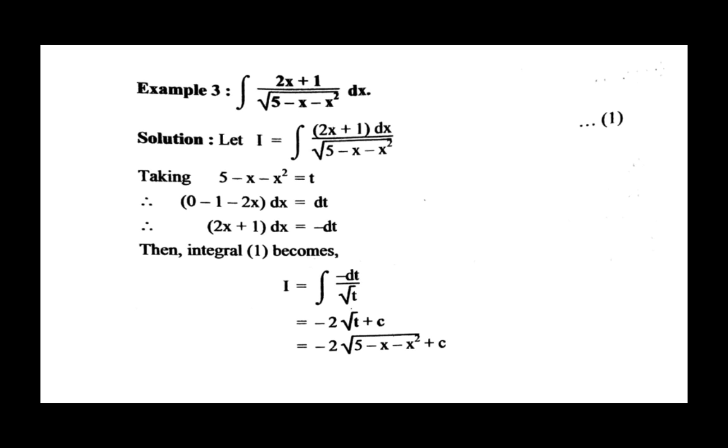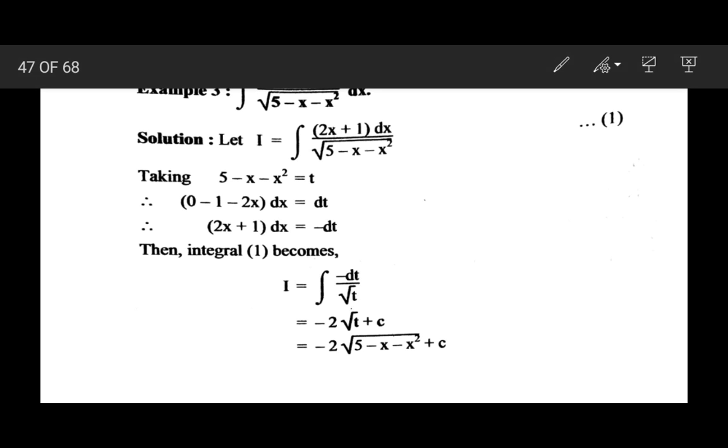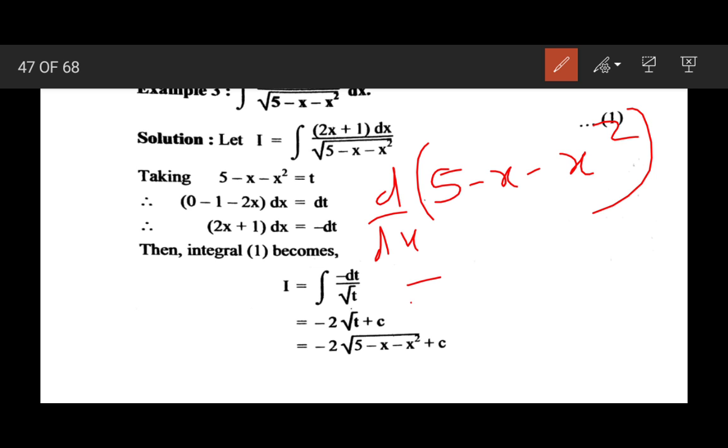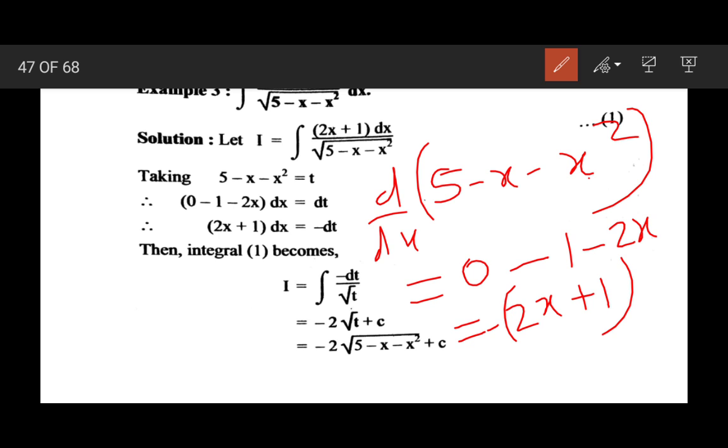But as you can see, when we find the derivative of denominator, okay, this 5 minus x square. So when we find the derivative of denominator, then we get derivative of 5 as 0 minus derivative of x as 1 and derivative of x square as 2x, right? So that is equal to 2x plus 1, right? Minus is common. So minus 2x plus 1.